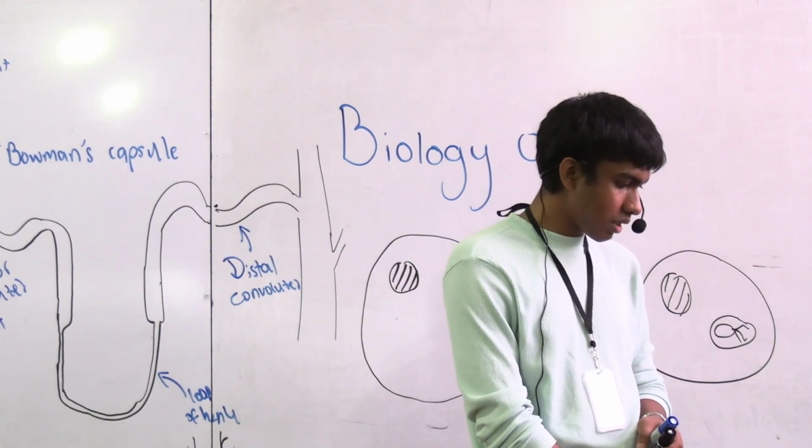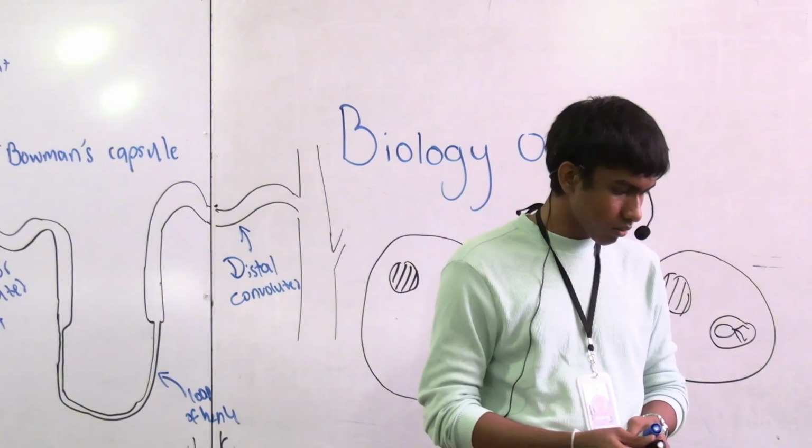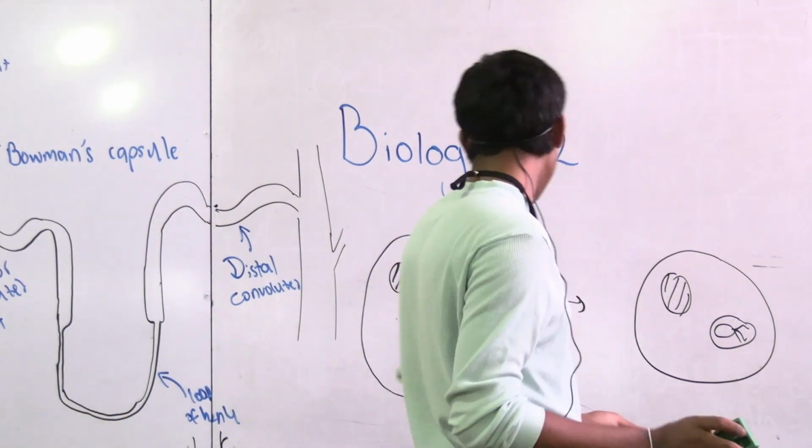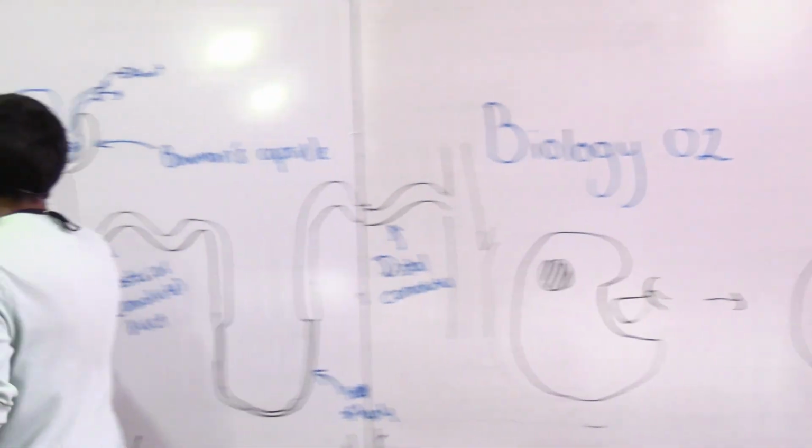Which of the following cells are multinucleated? Mature red blood cells actually don't have a nucleus.